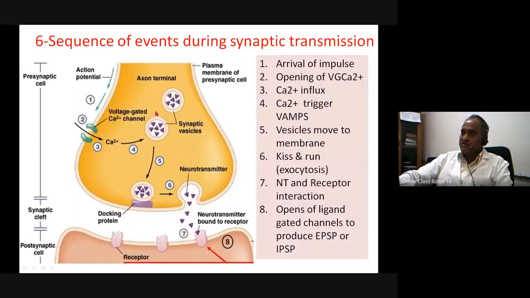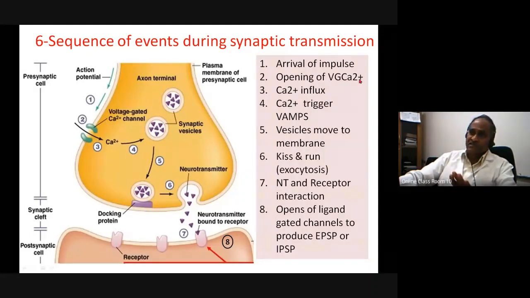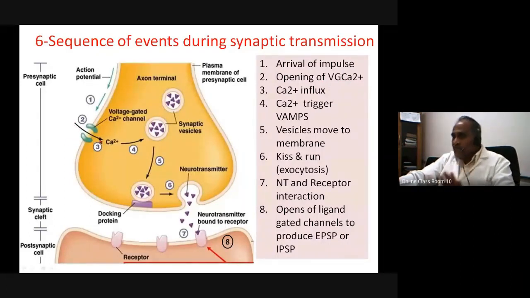Number 2, the arrival of the impulse changes the voltage, or depolarizes this membrane. So the change in voltage opens the calcium channels, especially the voltage-gated calcium channels. Opening of this channel makes the calcium enter. So that means calcium influx.